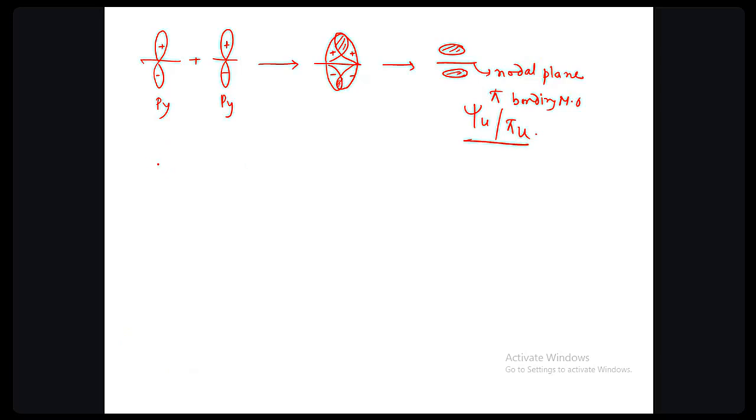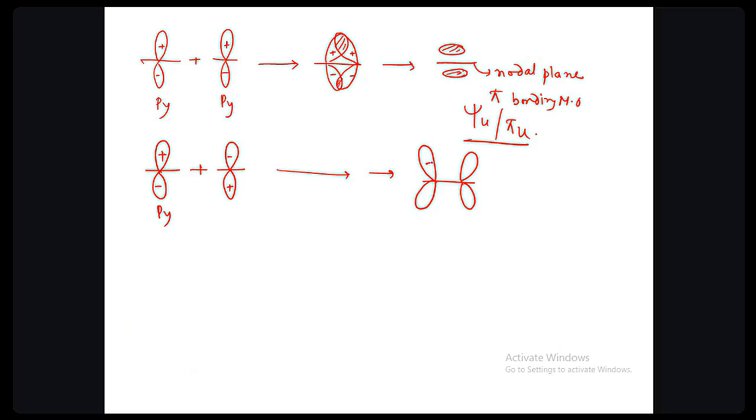Now when the symmetry is different, like two pi orbitals combined, suppose this is plus minus pi and this is minus plus, right? So now the MO is formed. It looks like that way, and another way. So now it is minus plus. Okay, you see.